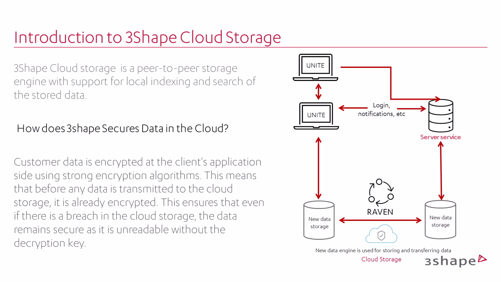This means that data is encrypted before transmission to the cloud storage, rendering it unreadable without the decryption key. Even in the event of a breach in the cloud storage, the encrypted data remains secure. Each device that synchronizes with a 3Shape account company is provided with a separate decryption key. Access to the information is exclusively through 3Shape account authentication, ensuring secure access control.